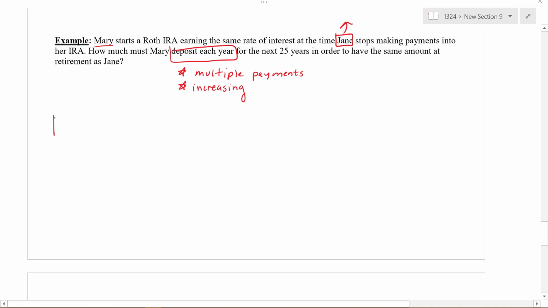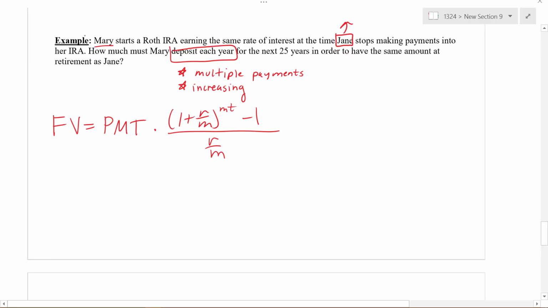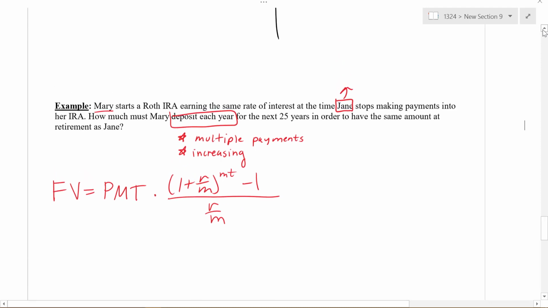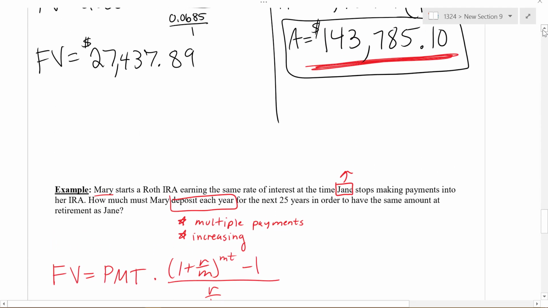So Mary is starting a future value annuity. And the amount that she wants, the future value that she wants in this account, is the same that Jane has at the very end of her account.